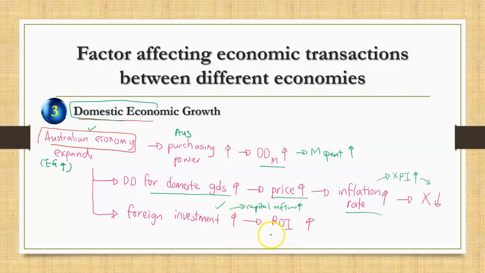I've mentioned this in the first slide. Return on investment will increase because we would have to pay more when we have higher foreign investment. For example, if foreign investors come in buying local company shares, when the company is making money, dividends have to be paid out to shareholders. That is a form of return on investment.